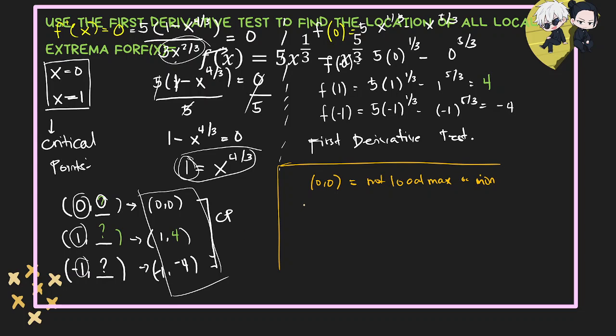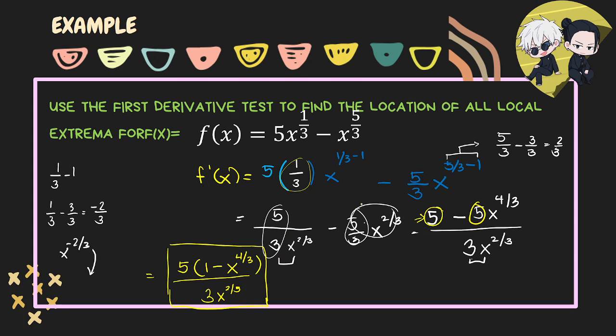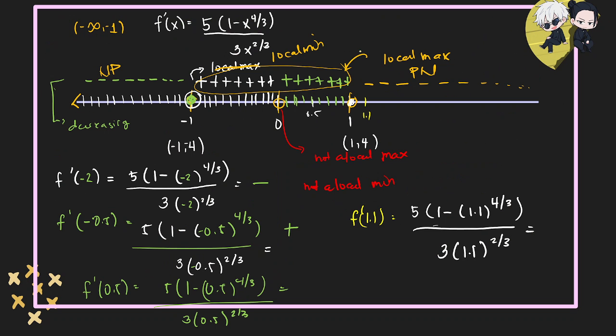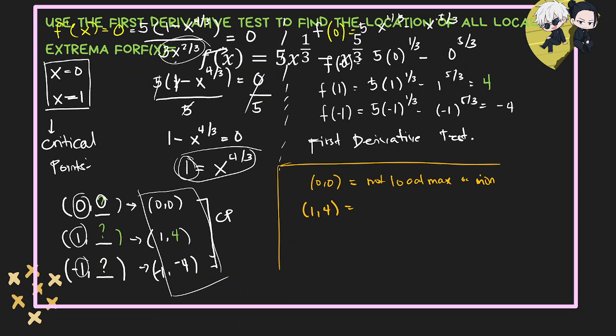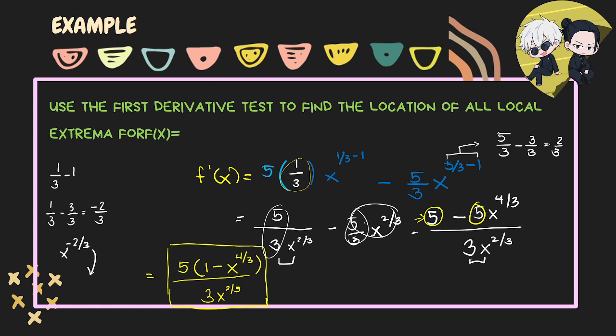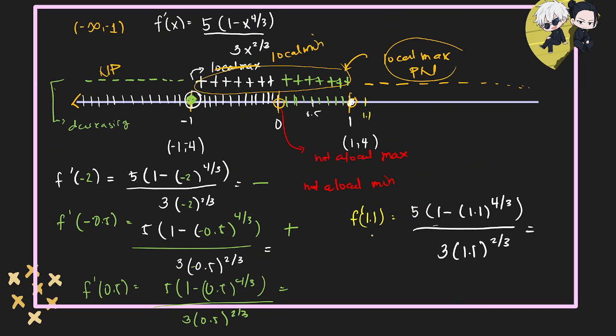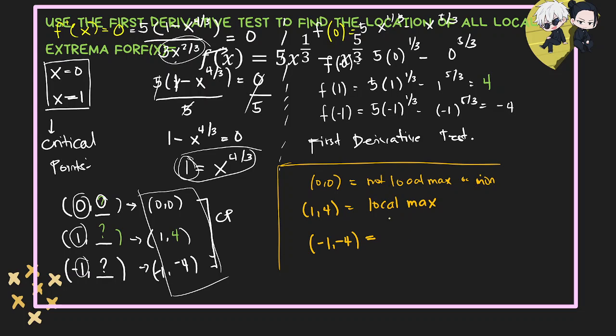However, yung positive 1, 4, tingnan niyo maigi. Siya ay local max kasi nag-change siya from positive to negative. So si 1, 4 ay local max. So si negative 1 at negative 4 naman, siya ay local min based sa ating number line. Kasi negative to positive, local min yan.